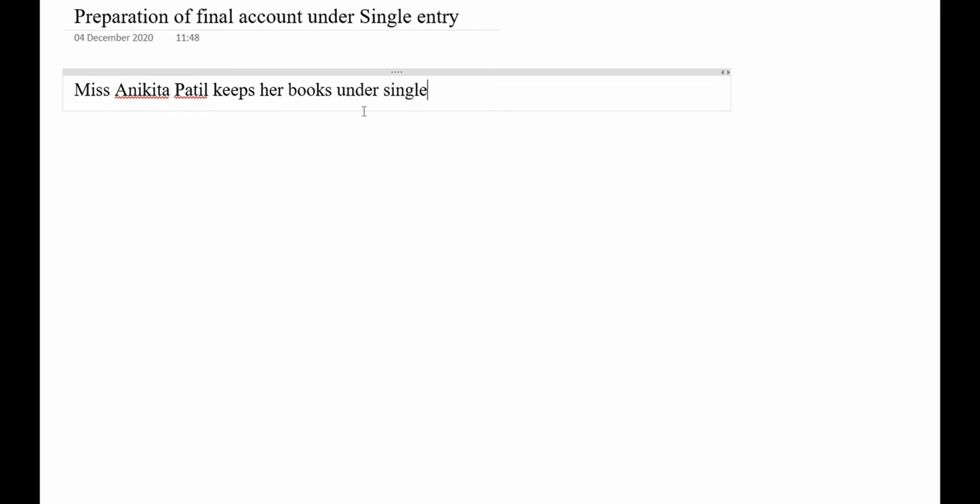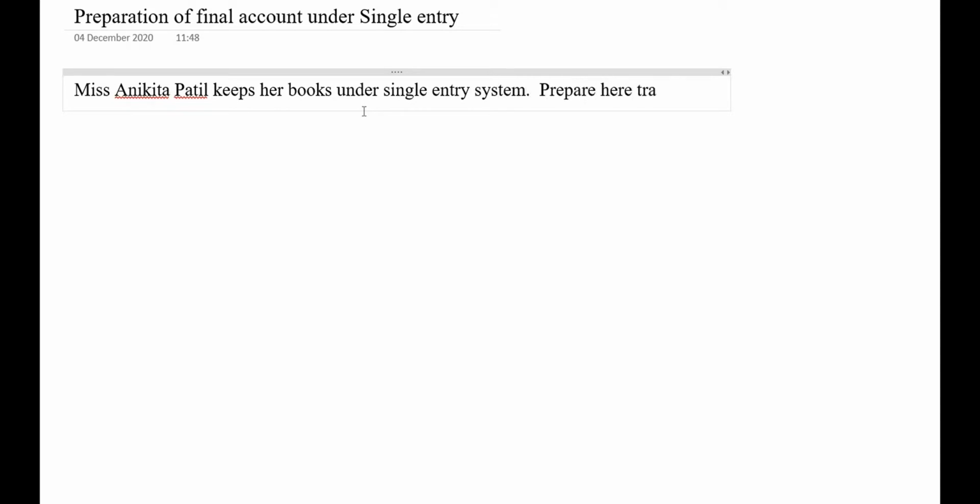Miss Ankita Patil keeps her books under single entry system.